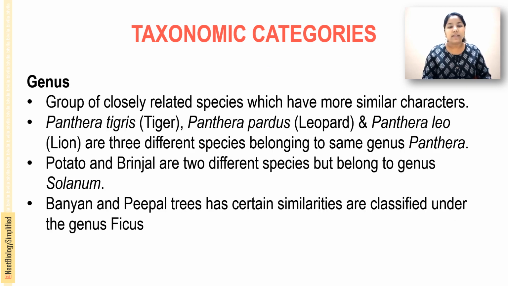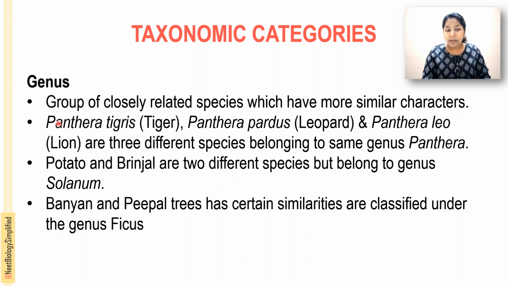The next category is the genus: the group of closely related species which have more similar characters. Example, Panthera tigris is the scientific name of the tiger, the scientific name of the leopard is Panthera pardus, and Panthera leo is the scientific name of the lion.